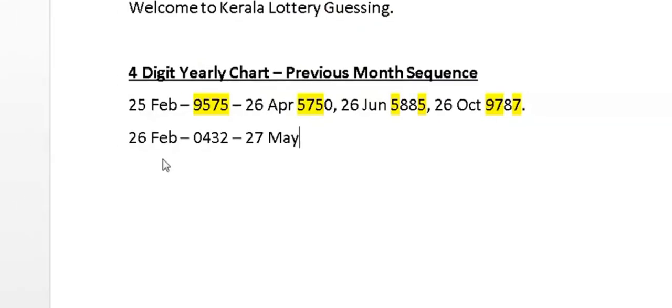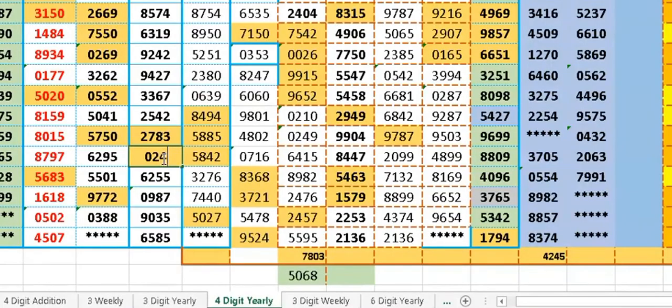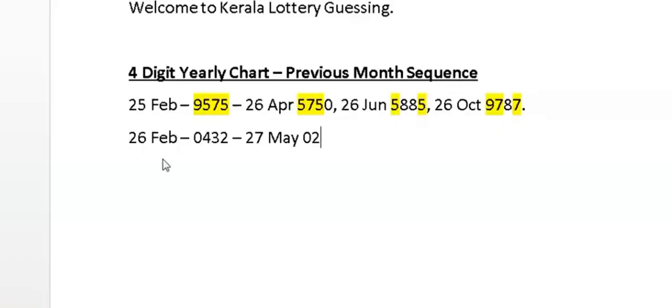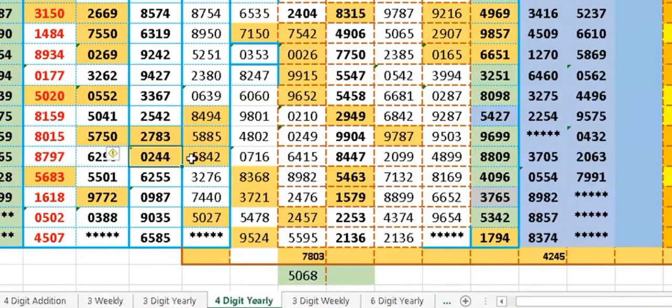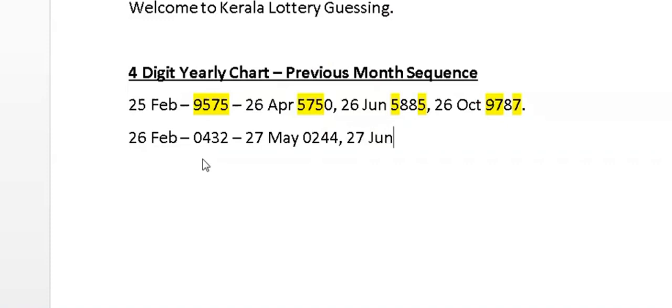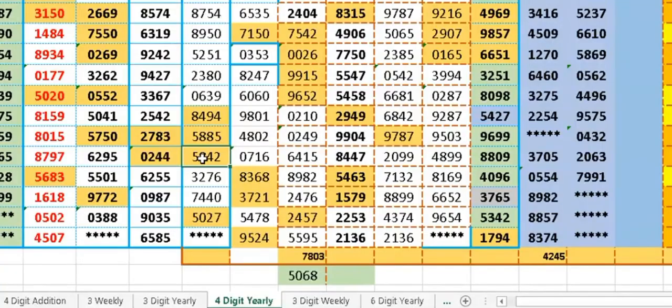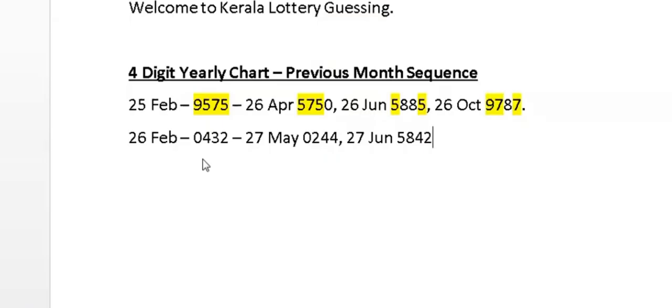First we'll try to update the sequences. I've marked all of those sequences in orange color so that you would be able to understand and follow what we are trying to update.